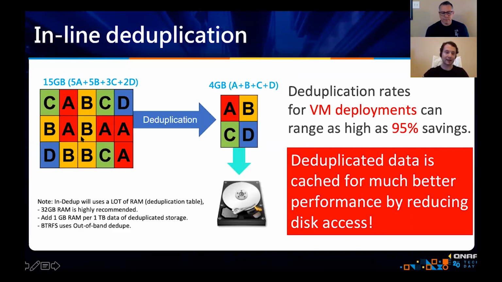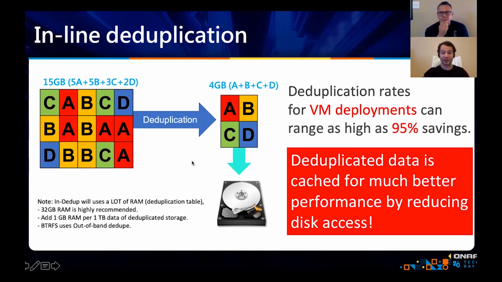The way this works is that it's block-level deduplication. There might be multiple groups of blocks within a file that are identical, and also multiple groups of blocks between files that are identical. So all the A's can represent identical groups of blocks. They get combined into one. All these B blocks are combined into one.